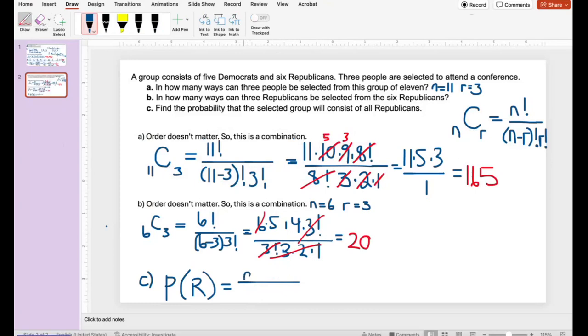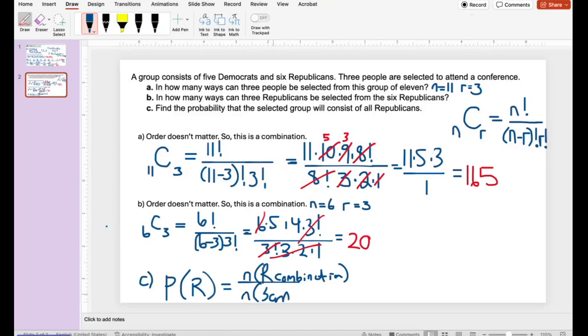Okay, so the number of Republican combinations over the number of the sample space.